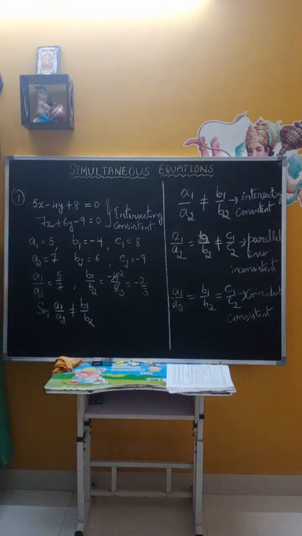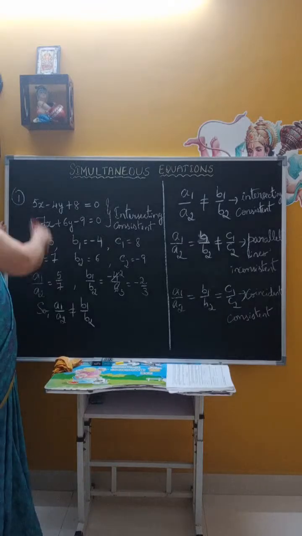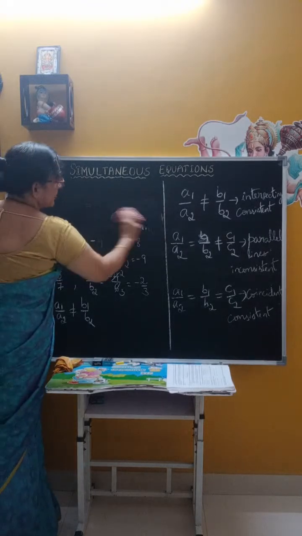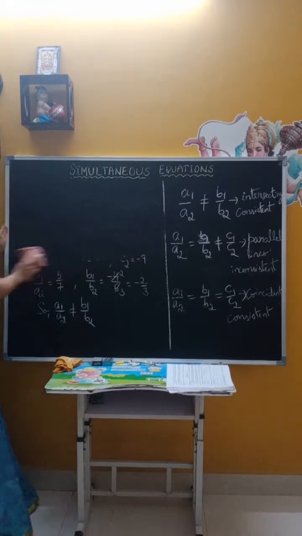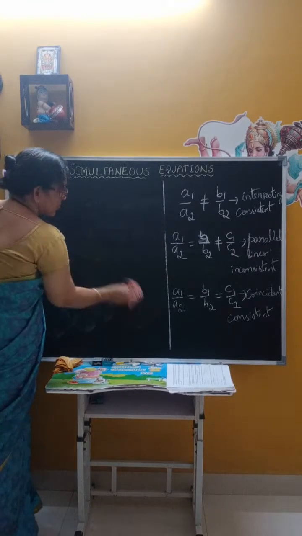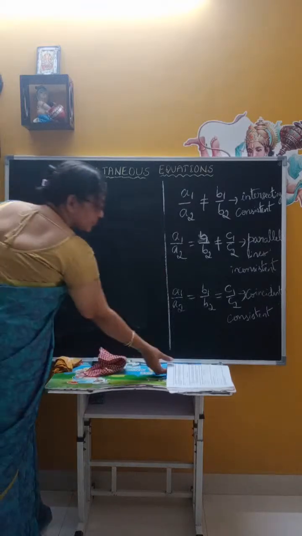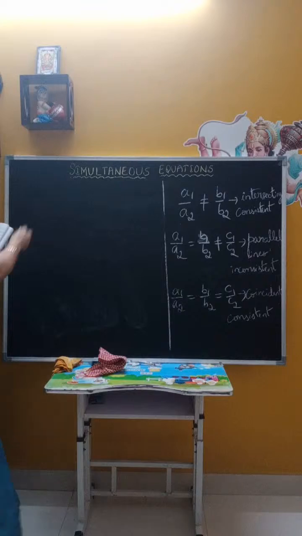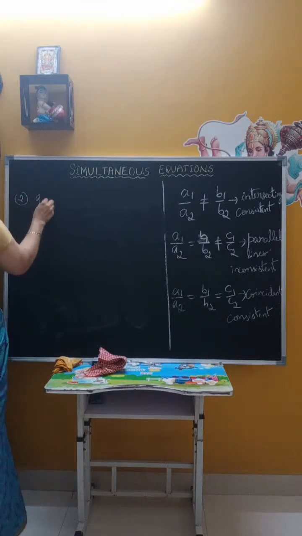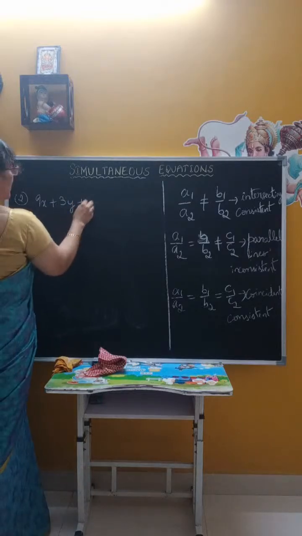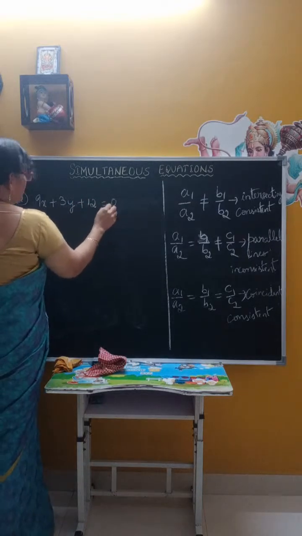Now let us go with another problem. Problem number 2. Let us take 9x plus 3y plus 12 is equal to 0.